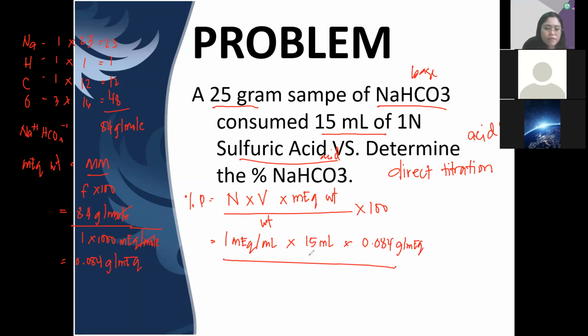So we are going to use this one here, divided by the weight of the sample. The weight is 25 grams times 100. 1 times 15 times 0.084 is 1.26. Let's cancel the units. Grams.